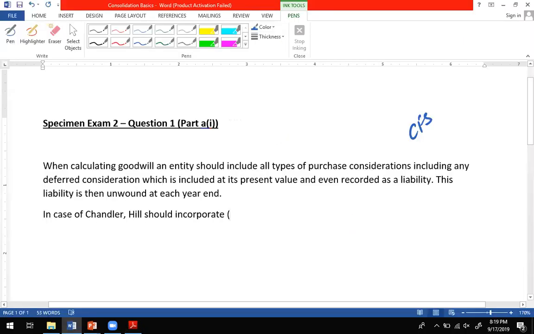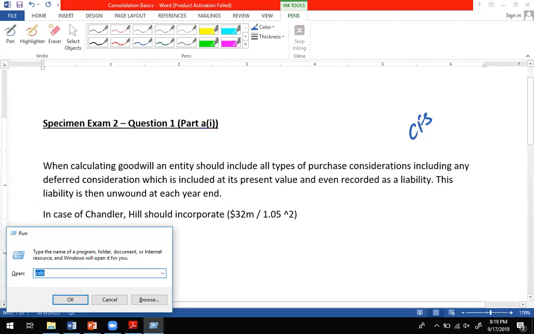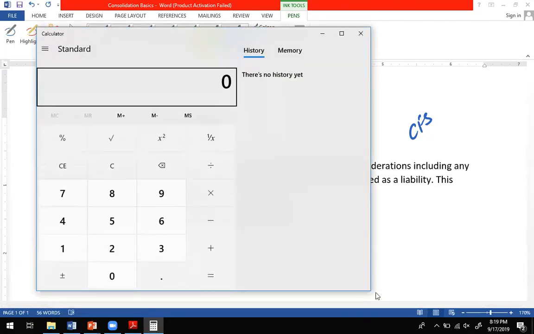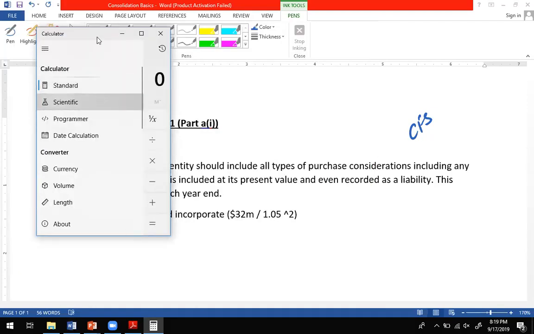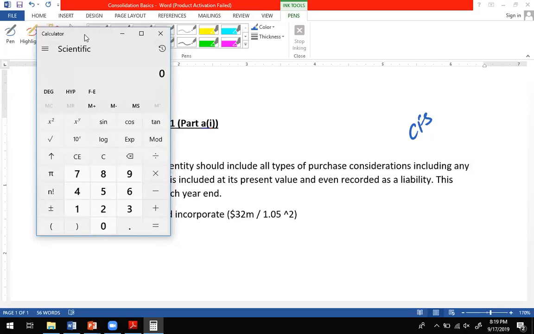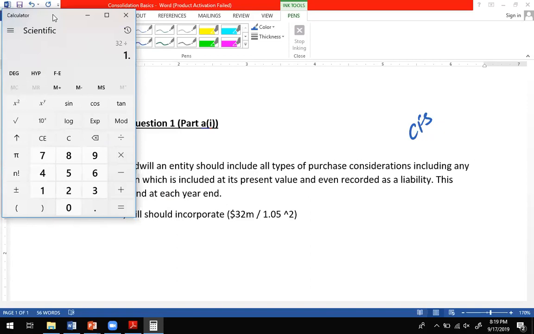So we are going to say $32 million divided by 1.05 to the power 2. This is how we are going to calculate the present value. Using a scientific calculator, 32 divided by 1.05 to the power 2 gives us a value of approximately $29 million.